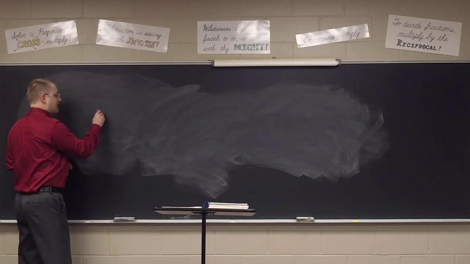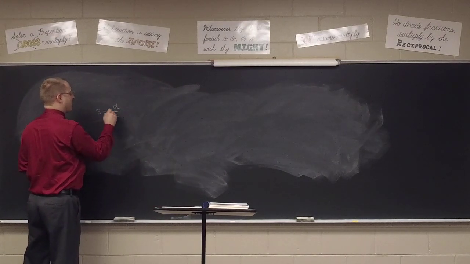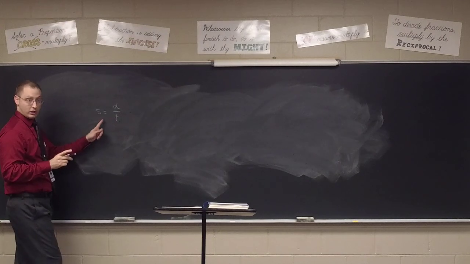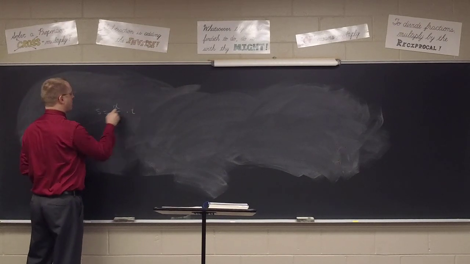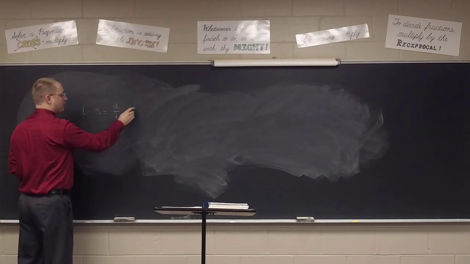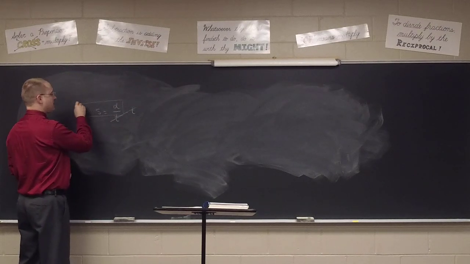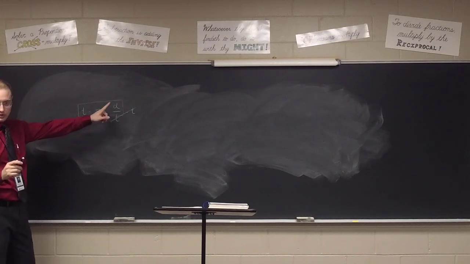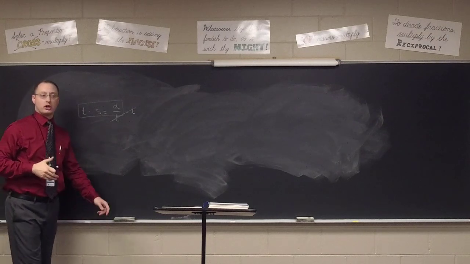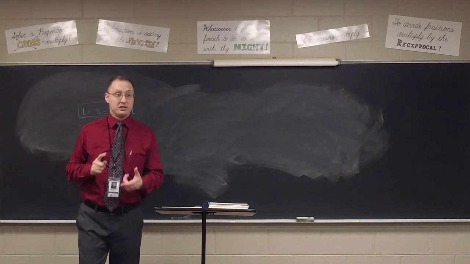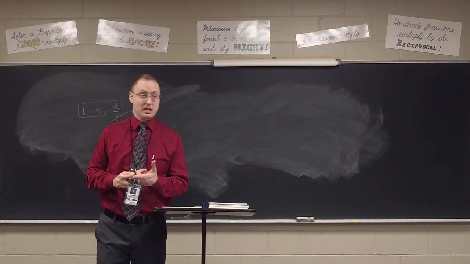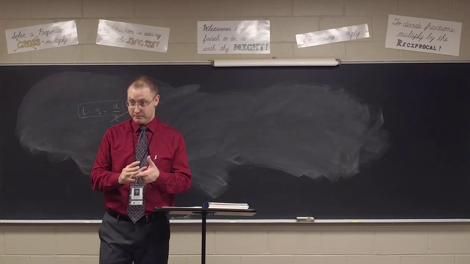So if speed is distance divided by time, this literal equation, if we were to multiply both sides by time, I would get this statement that speed times time equals distance. We're going to begin working a set of word problems that involve distance, speed, and time.